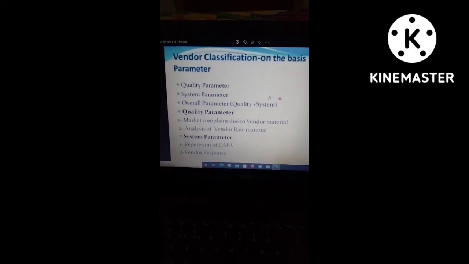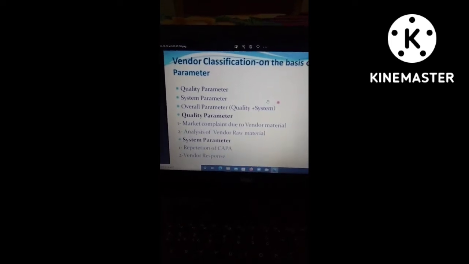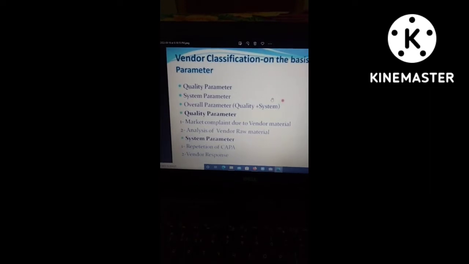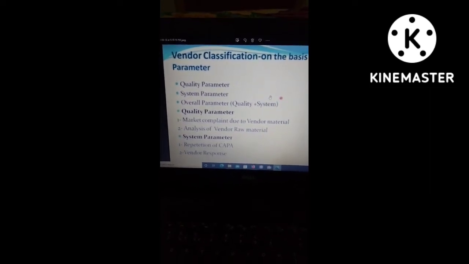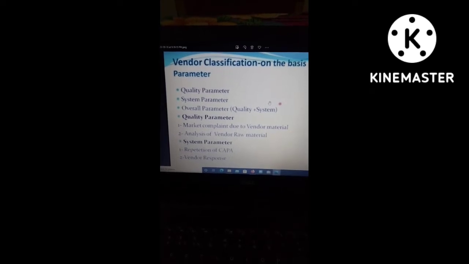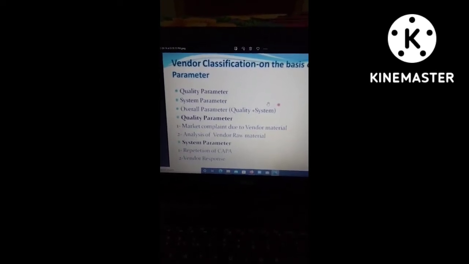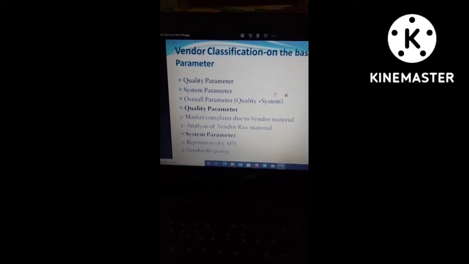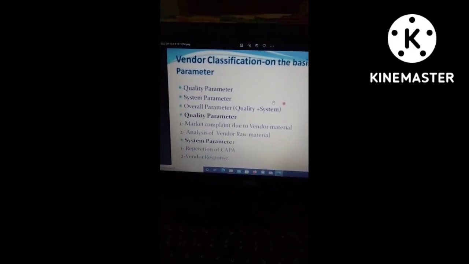The parameters include the quality parameter, system parameter and overall parameter. Overall parameter means the combination of both quality and system. The quality parameter means market complaints due to vendor material or the analysis of the vendor raw material. The system parameter means repetition of the CAPA and vendor response.